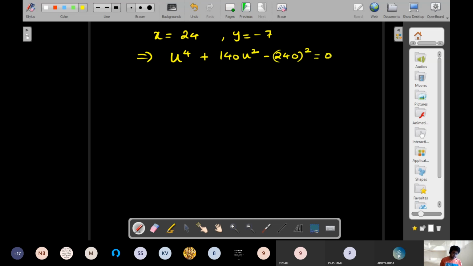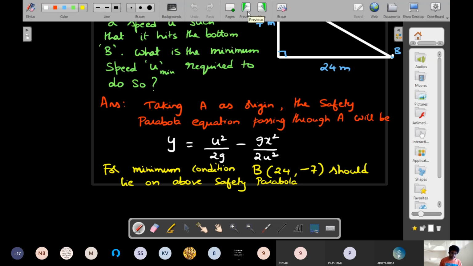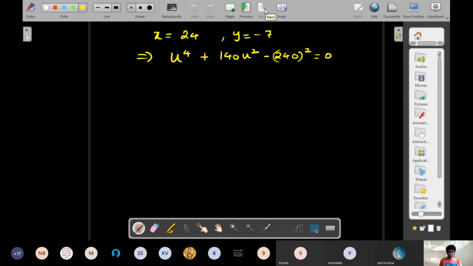So you would have x is equal to 24 and y is equal to minus 7 substituted in that equation, and you rearrange, you would get u power 4 plus 140 u square minus 240 square kind of thing. I just substituted the value in that and I directly went to that step.